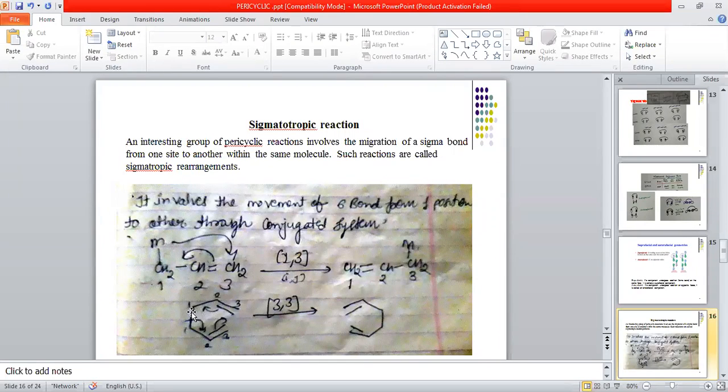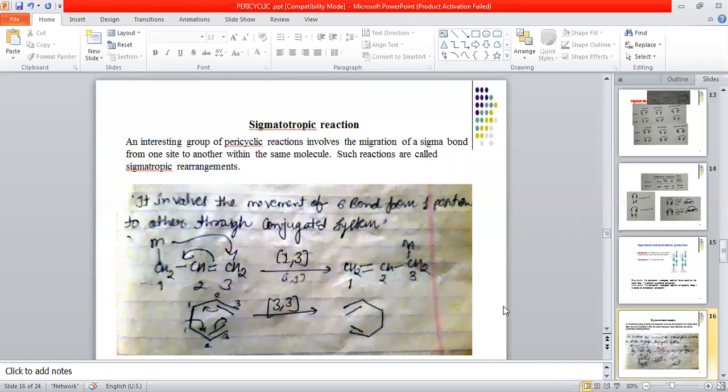Now this one will move to this side, so this double bond will be converted to a sigma bond. This sigma bond between 1 and 2, here there will be formation of a double bond. Now because of the direction, we have shifted the electrons to this side, so the ring will open and there will be formation of a double bond. Now again from the double bond it will shift to this side and make a new sigma bond.